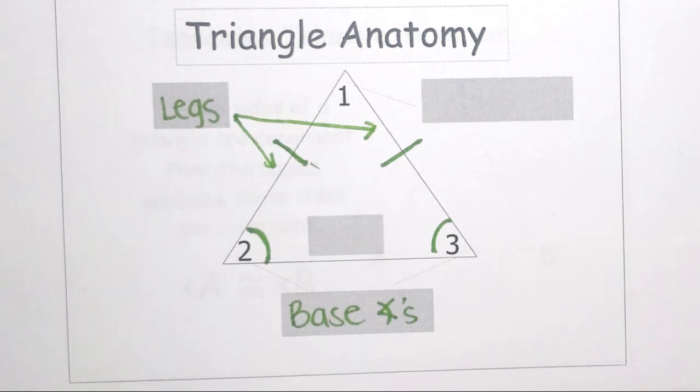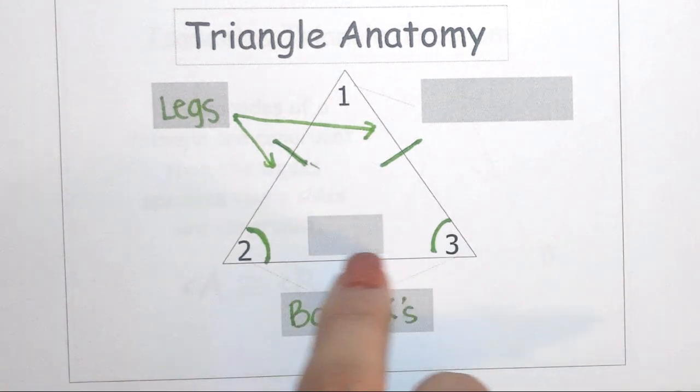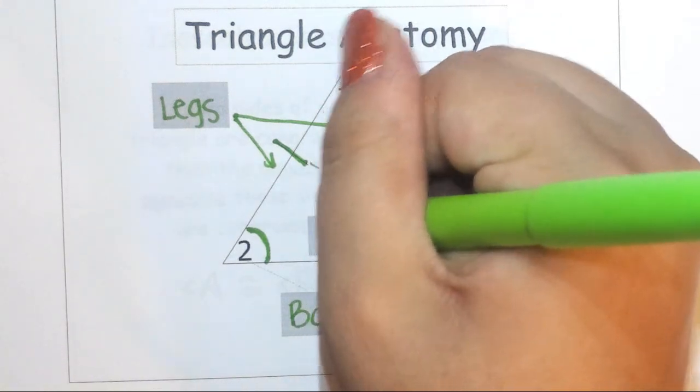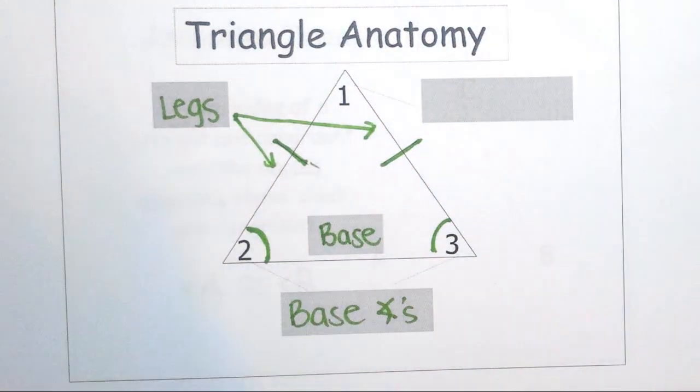So what do you think the side is that the two angles connect with? What do you think that's called? The base. Now be careful. Your base is not always going to be on the bottom. Can an isosceles triangle still be isosceles but turned upside down? Yes. So just be aware that your base is not necessarily on the bottom.